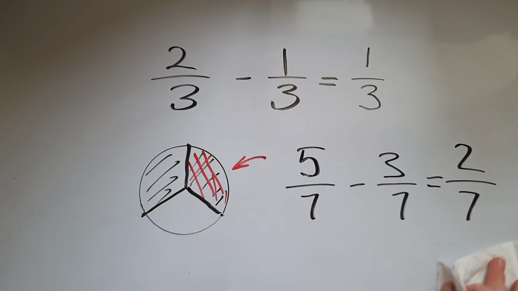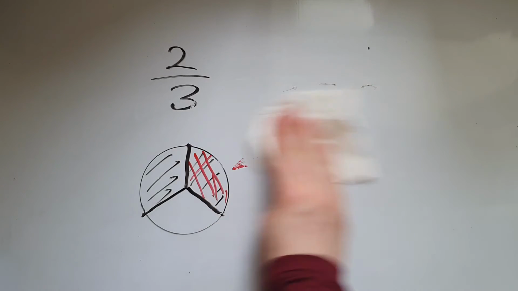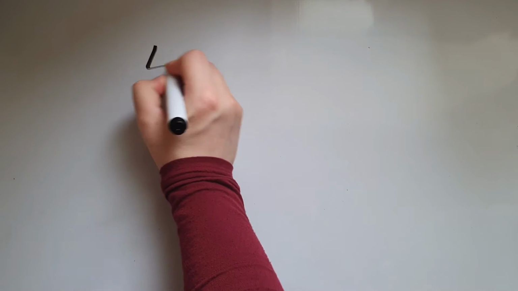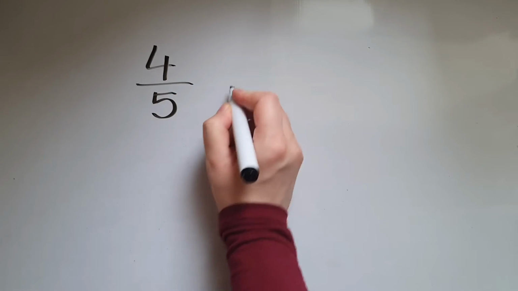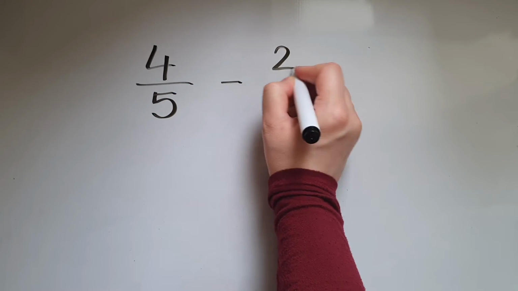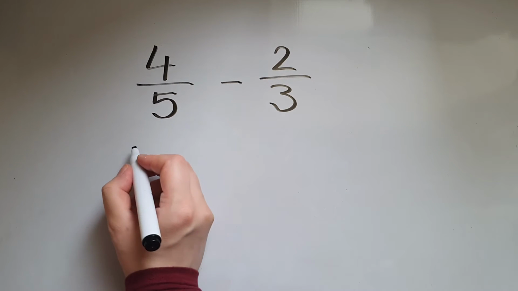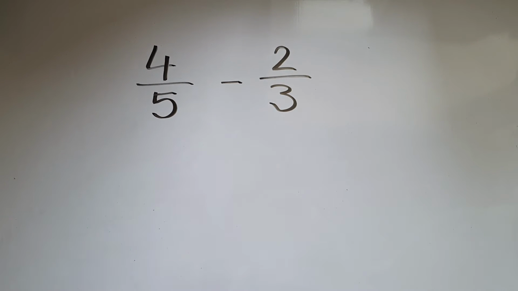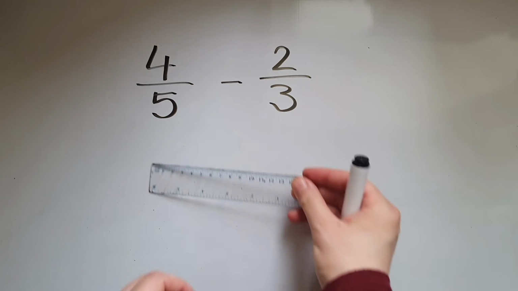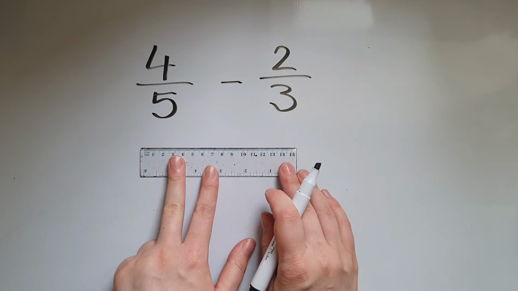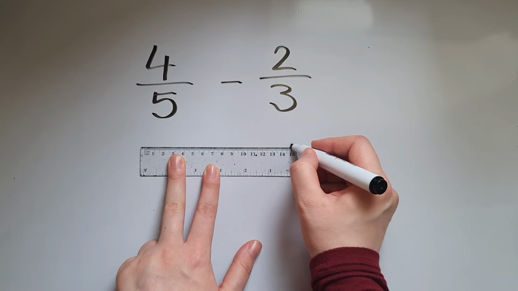What if I have different denominators? So we've got 4/5, take away 2/3. I'm going to represent 4/5 and 2/3 here using the context of a chocolate bar.